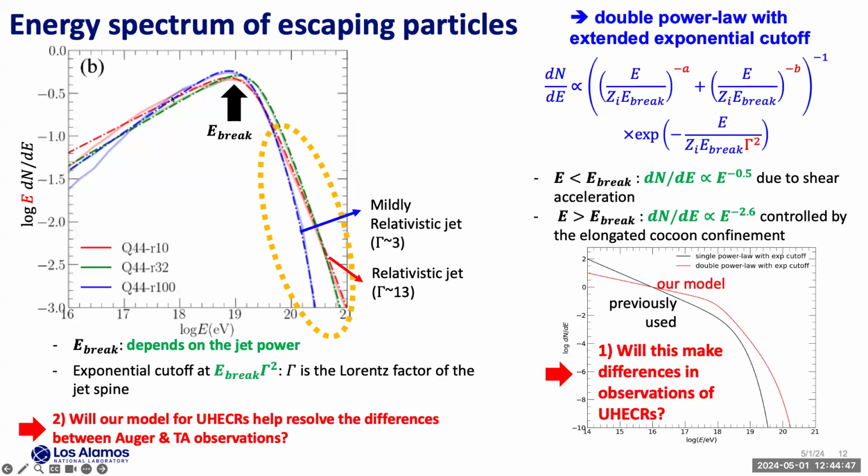You can see this double power law shape and the exponential cutoff here. So the first slope, in the range below the E break here, is a very hard energy spectrum. It is because of the shear acceleration. I mentioned before that through the shear acceleration, a very hard spectrum is generated.